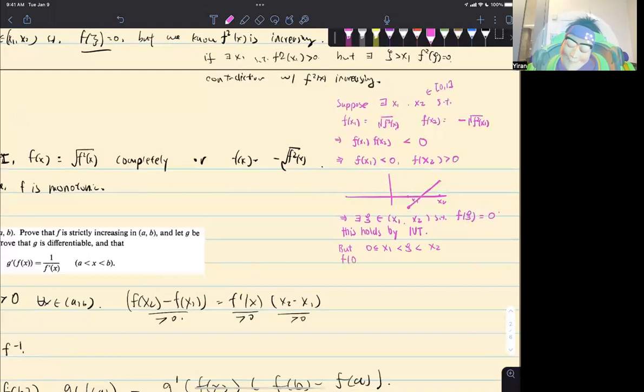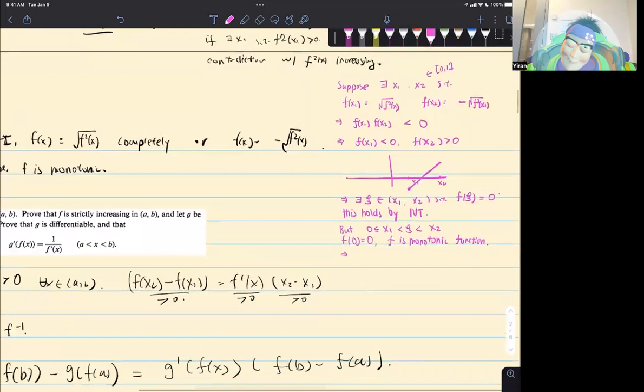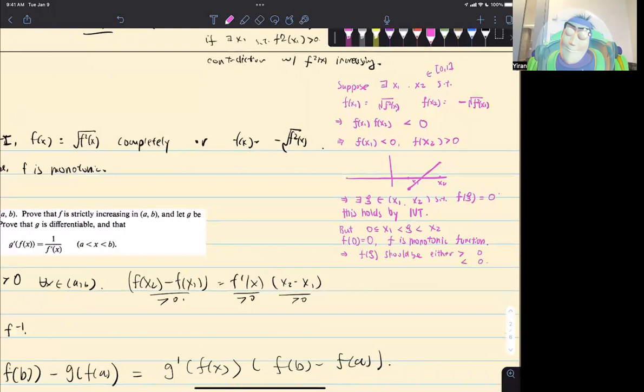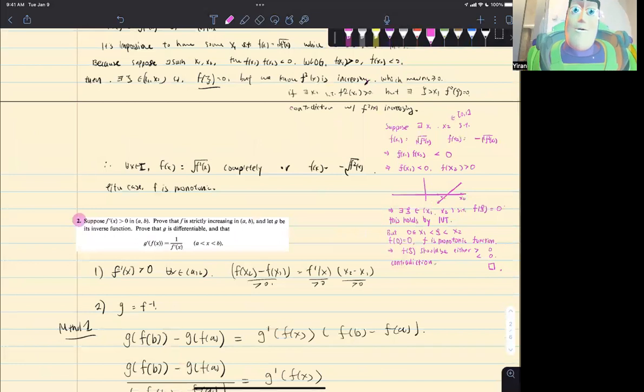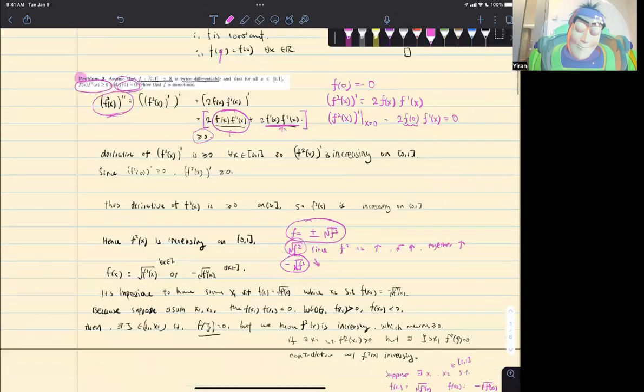Okay, and f(0) is equal to 0. f is a monotonic function, which means f(c) should be either strictly larger than 0 or smaller than 0, but it is not, so contradiction. It cannot be equal to 0. Okay, therefore we're done with this problem.